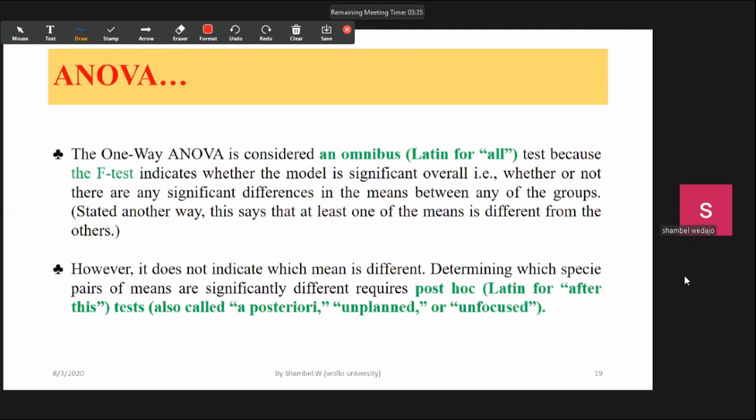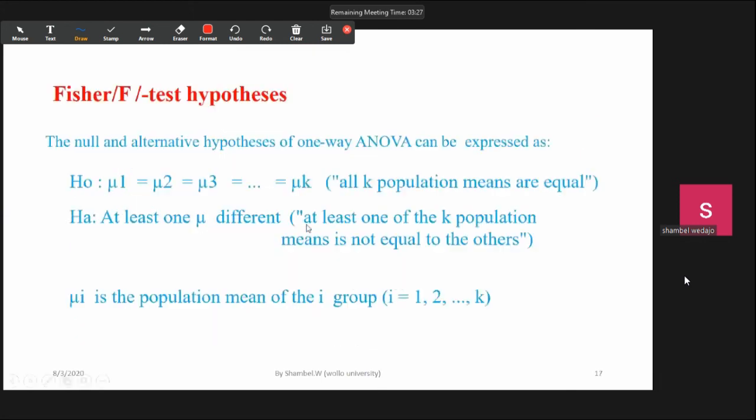When do we use it? If H0 is rejected and we accept the alternative, at least one mean difference exists. If there are five groups and we want to see which group mean brought the variation, we go to a post hoc test, or post ANOVA test. We should be careful: if H0 is accepted, we will not go to a post hoc test, because it says mean 1, mean 2, up to mean k have no difference, and the variation is seen just because of chance.